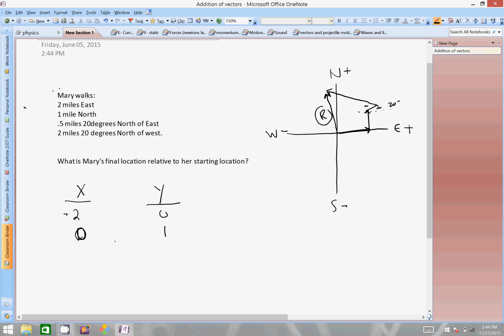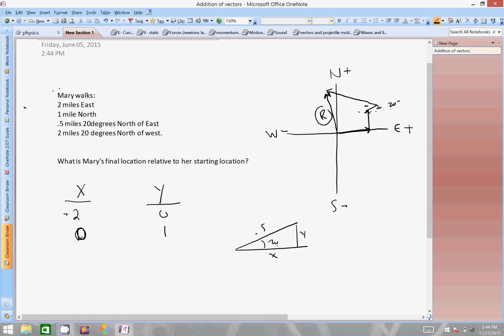Now for the other leg, I have 0.5 miles north of east. Drawing this out a little bit, we have the angle, which is 20 degrees. This is 0.5 miles and it's north of east, so this is my y component and this is my x component. I will be getting some of each.